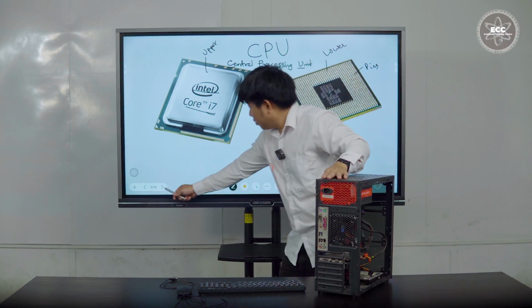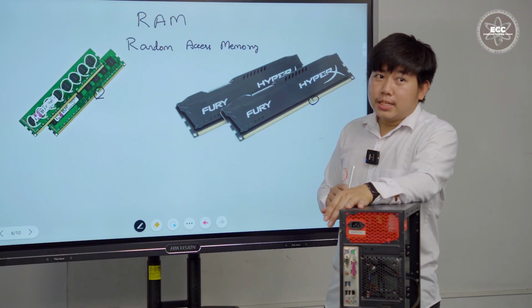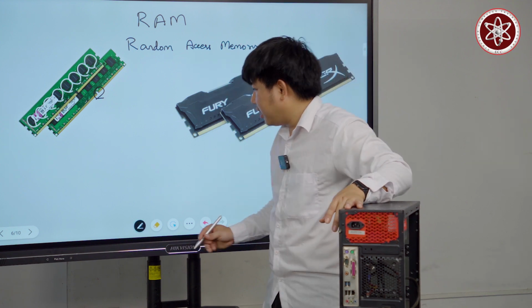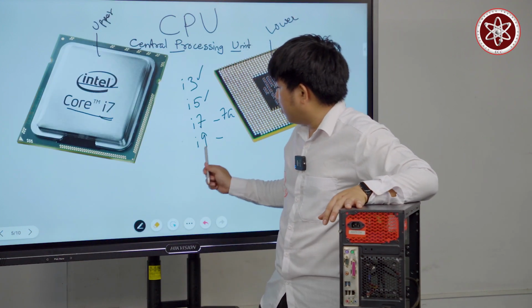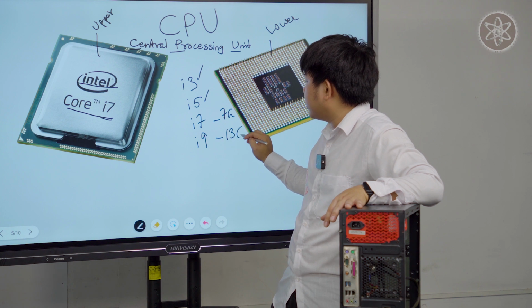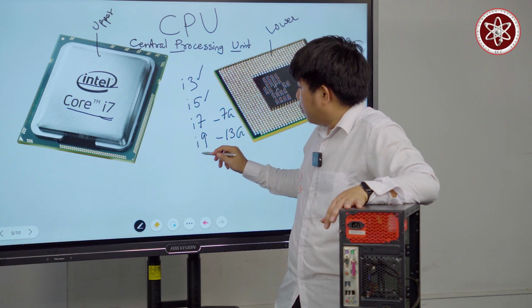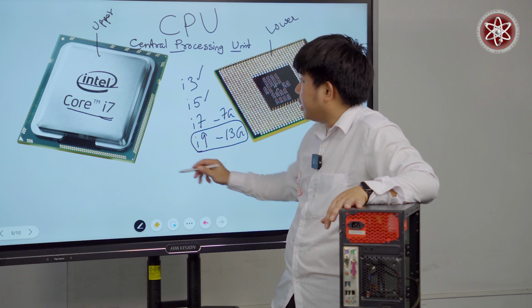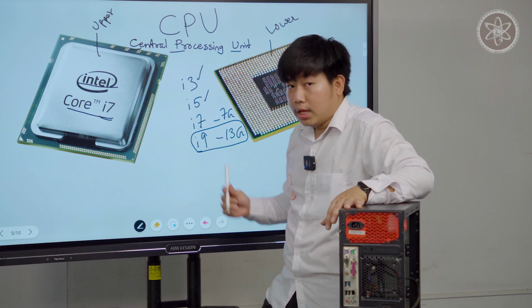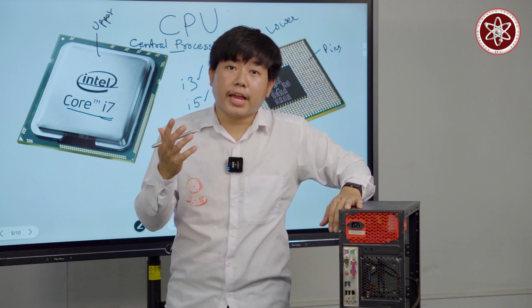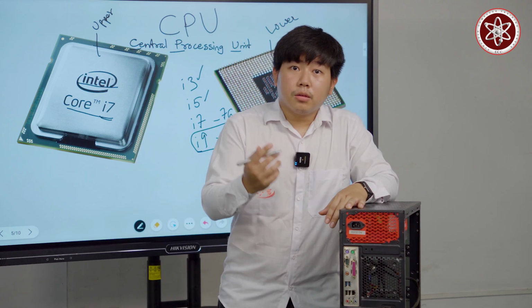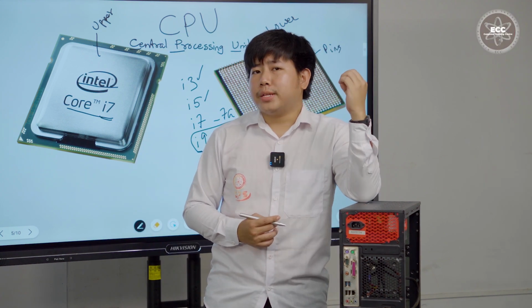And what about the RAM? The CPU has limits. Even if we install an i9 13th Gen, which is the latest CPU level, the most powerful CPU currently in the Intel department, it has a limit.